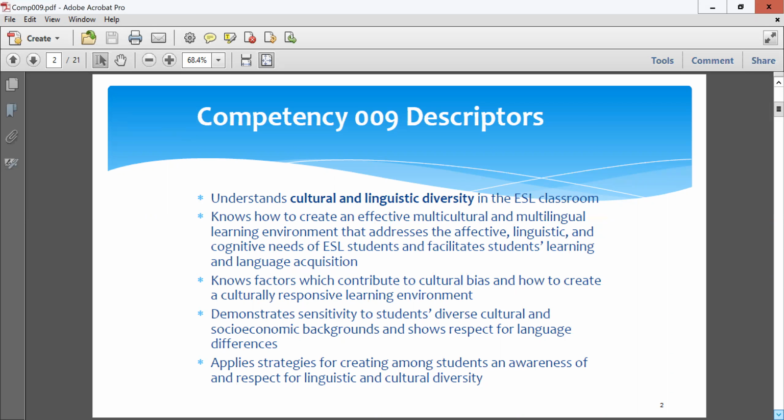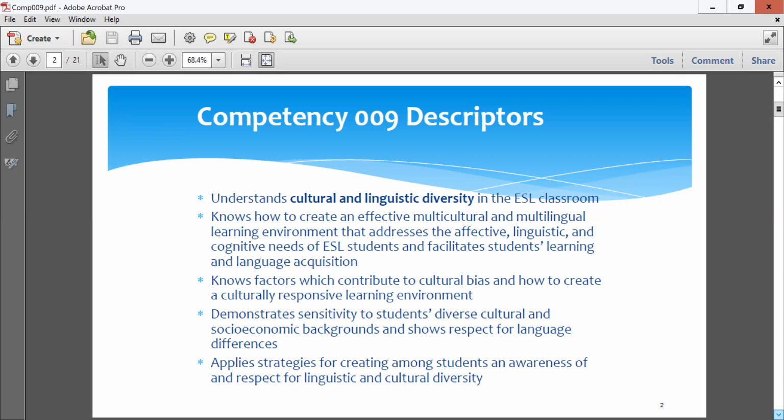It's more of a social and emotional kind of aspect. Linguistic, obviously, is learning language, and the cognitive needs are their academic and text and that kind of thing. So it's very important that we look at addressing all three of those things.